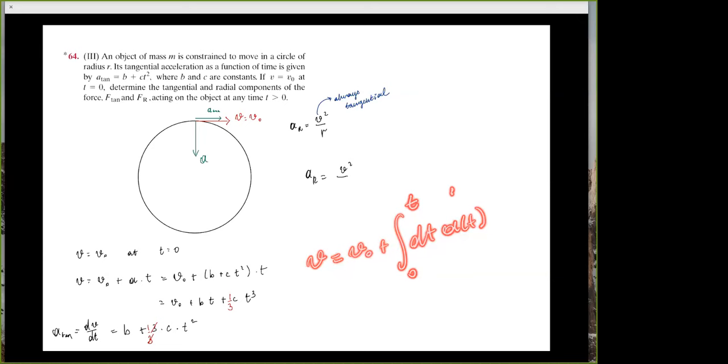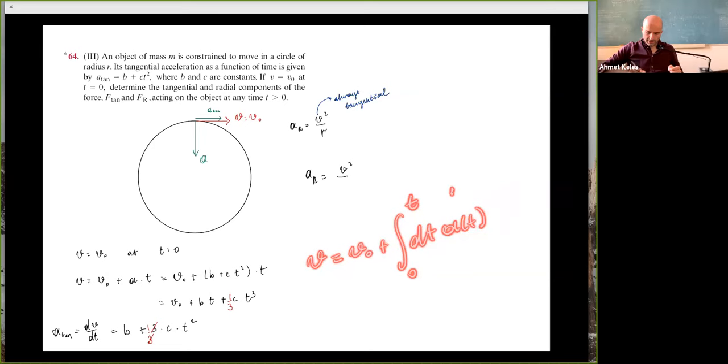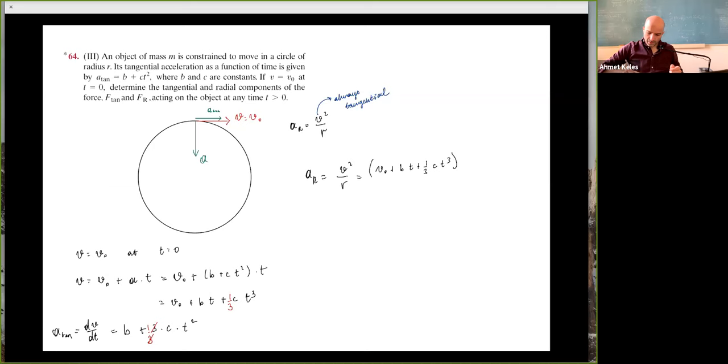Okay. Now, a radial is v squared over r, and I just plug in v, right? v is the tangential velocity at any moment, so it's basically v naught plus bt plus 1/3 c t cubed, all squared, divided by r. Now I can just use Newton's law. F is equal to ma, right?